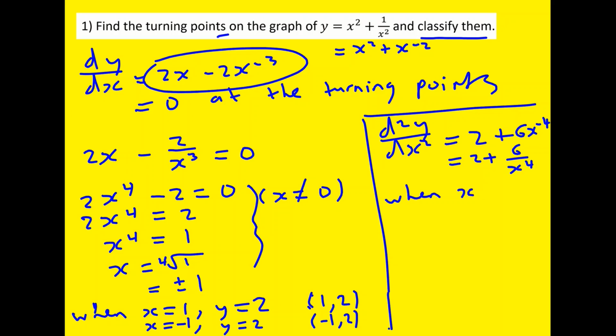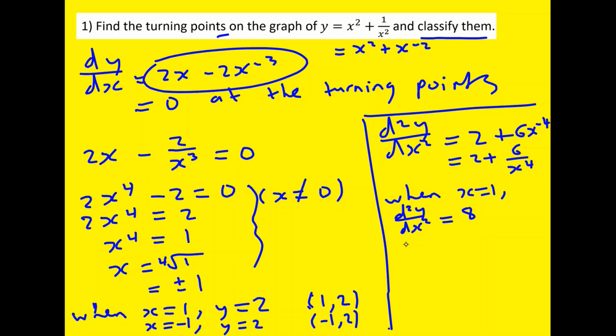When x equals 1, so this is the crucial bit now, I substitute my stationary point into the second derivative. Okay, and it's actually going to equal 8, because it's going to be 2 plus 6 over 1.